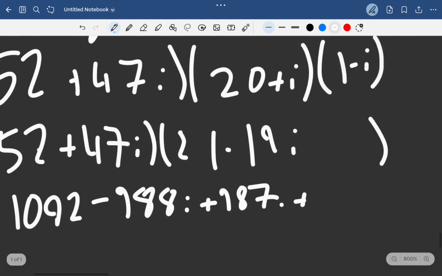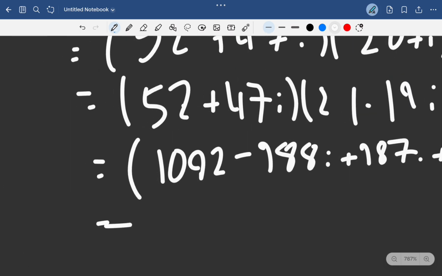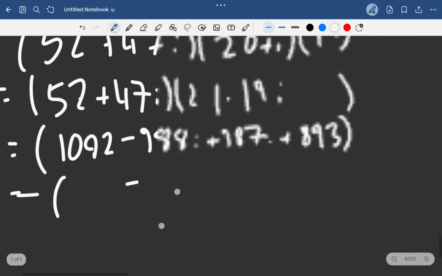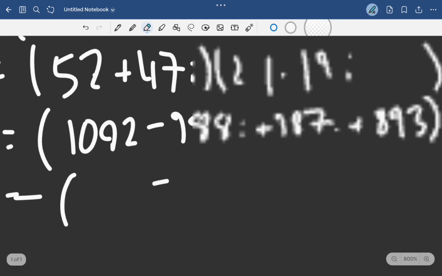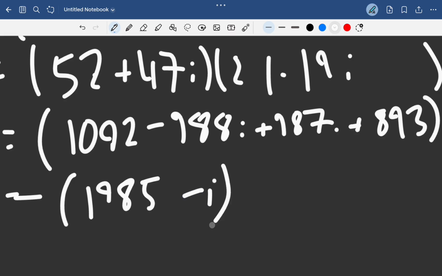This is going to be plus 893, because we're taking 7. Cool. I had to cut it because I messed up my arithmetic, but this is in fact 1985 minus I, which is exactly what we need.